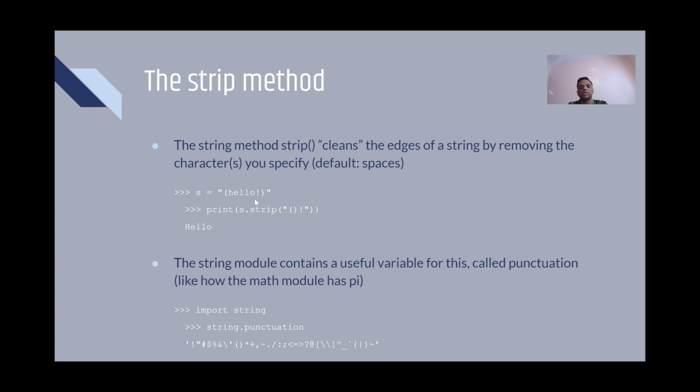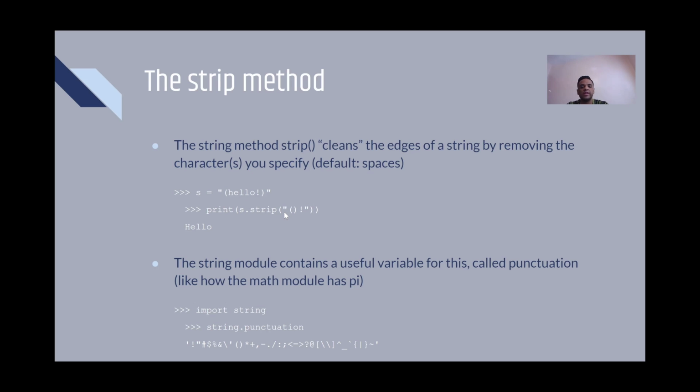It's telling Python to get rid of this parenthesis, this exclamation point, this parenthesis, and just print this word. And as you can see, it just printed hello, and it did not print any of the punctuation because we're using the strip method.